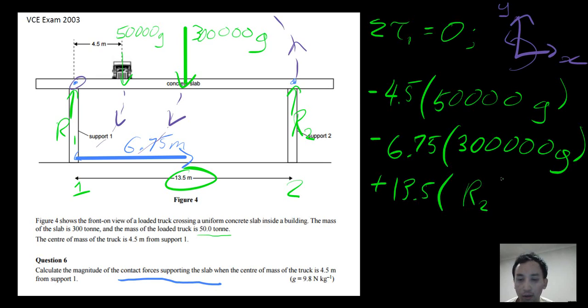Okay, and we know all of this is equal to 0 when you sum all of this up. Now if R2 is your only unknown, and we also know that g is equal to 9.8, then we are actually ready to solve.